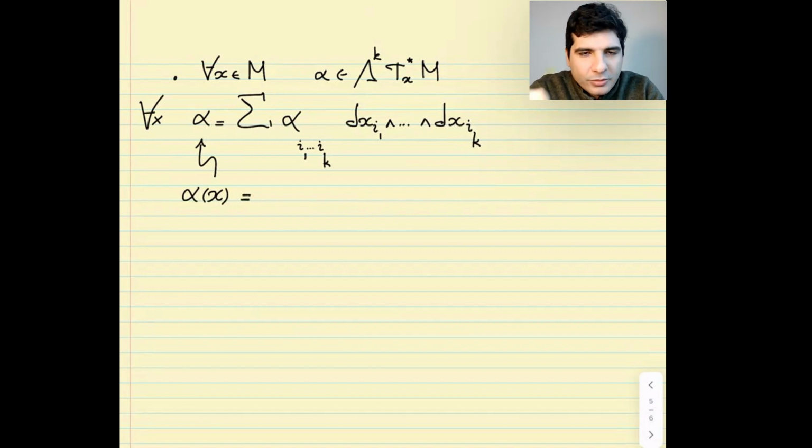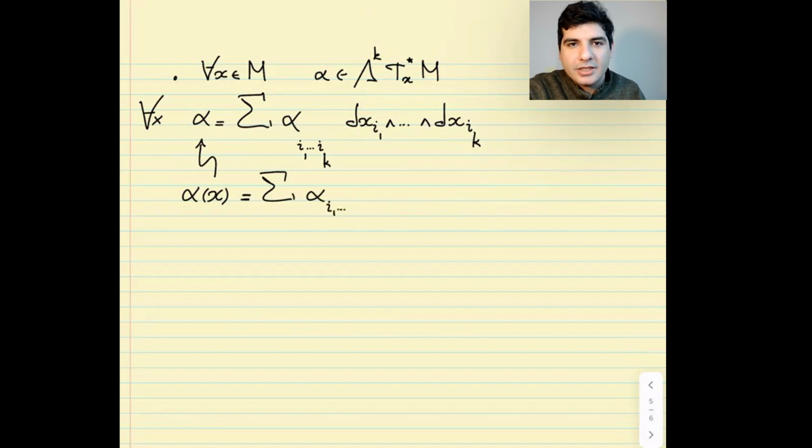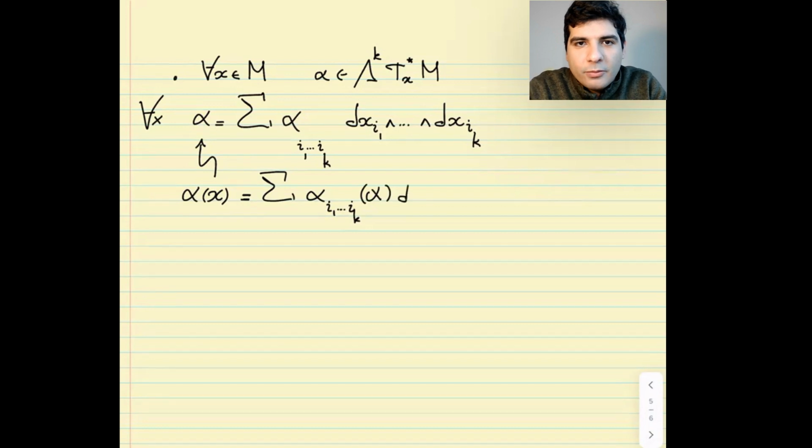Now, as I move around x, it looks like a function. The value would change. It would depend on x. So the coefficients alpha i1 up to ik, rather than being real numbers, are functions of x. To emphasize that, I would write it as alpha i1 up to ik of x.